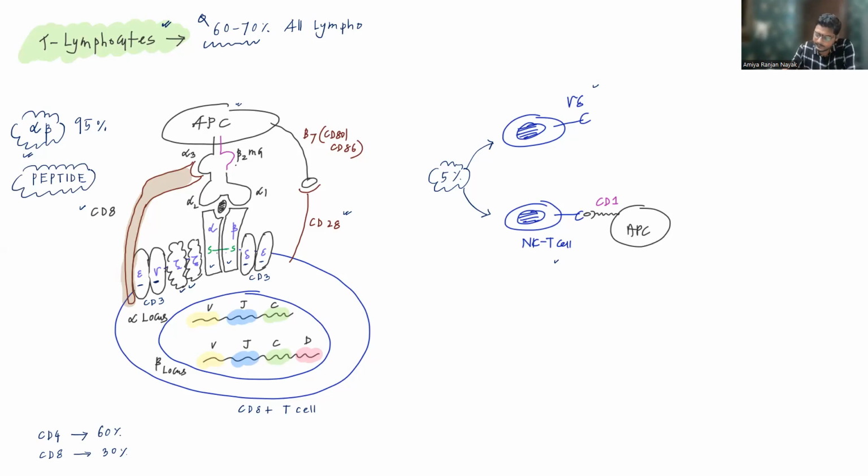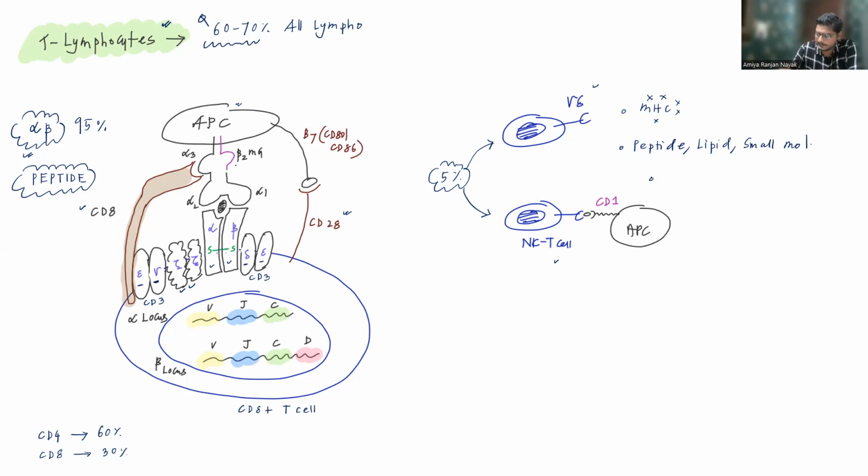Now we'll see a little bit about the gamma delta T cells. Basically, gamma delta T cells do not need the help of MHC molecules to identify the antigens. They can identify the peptide antigens, but along with peptide antigens, they can also identify lipid antigens and small molecules.